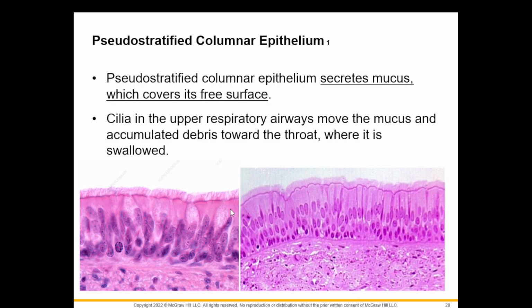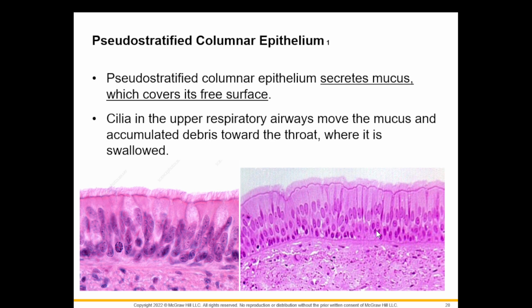Now, again, your pseudostratified columnar epithelium is a special type of epithelium. Pseudo meaning false, stratified meaning multiple layer. So it appears like it's made up of multiple layers, especially in this image here, because of the appearance of the nuclei, some nuclei are on top, some are at the bottom.